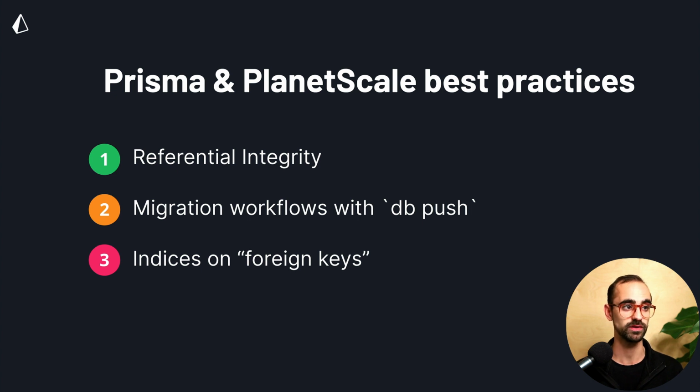We looked at how DB push is the way to go. We saw how to use branches in PlanetScale when creating a new project, and then promoting the main branch to production. And then from that point, we had to create these database branches and create deploy requests. And we also looked at the need to create indices on foreign keys. So because foreign keys aren't really implemented as a database constraint, we also lose out on the index that we typically get with MySQL.